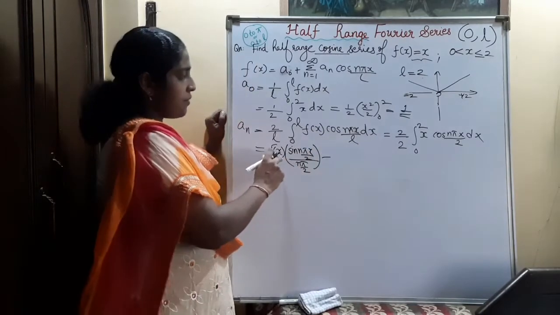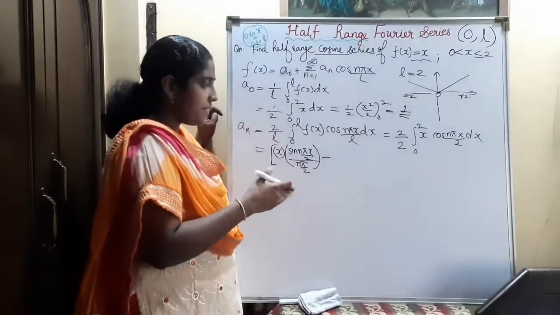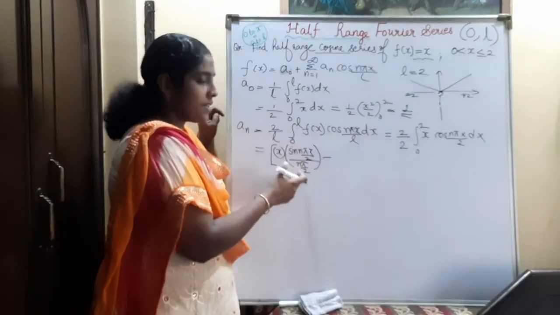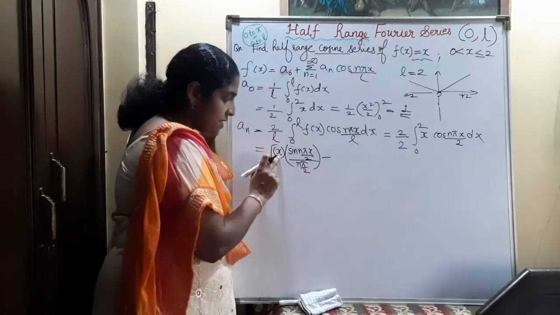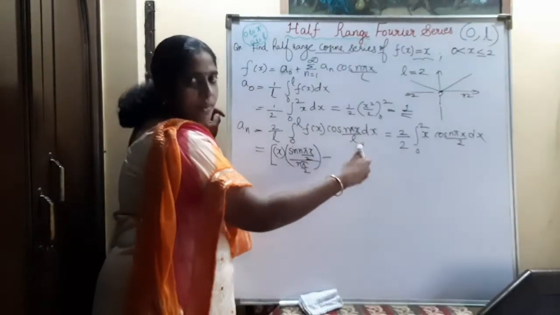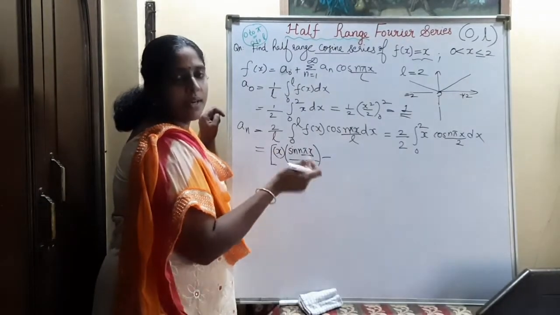minus the derivative of the first function. We can integrate by parts. For an easy method, you can use the tabular method. That is, first function into integral of the second function, minus derivative of the first into integral of the second integral, and then plus, alternating minus or plus, till the differentiation of the first function becomes 0.